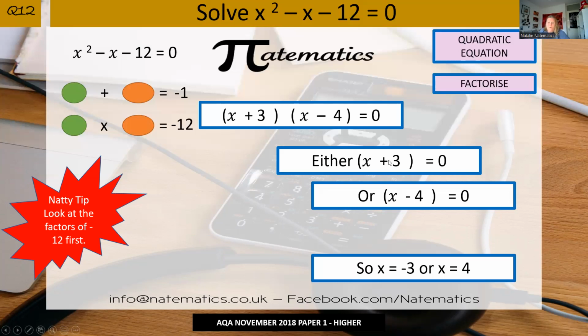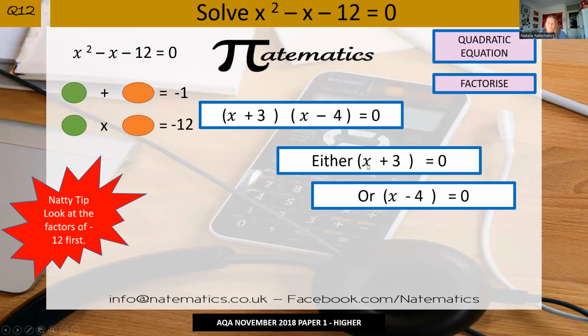Well, what value of x would make this 0? I always really suggest this to people who struggle a bit with algebra, that x is representing a number. So rather than saying x plus 3 equals 0, think of it as there's some number I don't know, but when I add 3 to it, I get 0.